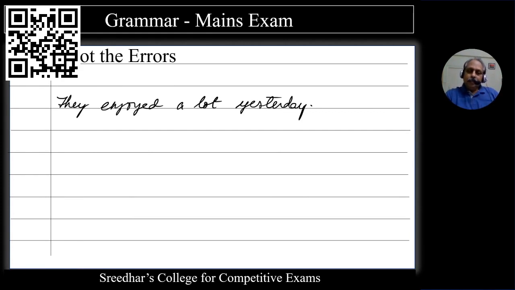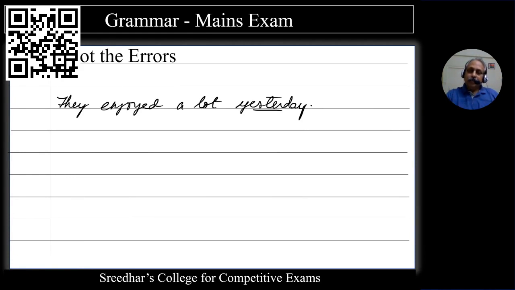Here, they enjoyed a lot yesterday. I'm trying to tell you each example that goes with a particular topic in English grammar, and how to analyze, how to look at the sentence based on the strategies I gave yesterday, and how to spot the error within no time. Time factor is very important. When you read a sentence like this, you should focus on the time phrase. What is the time phrase? Yesterday. They enjoyed a lot yesterday.